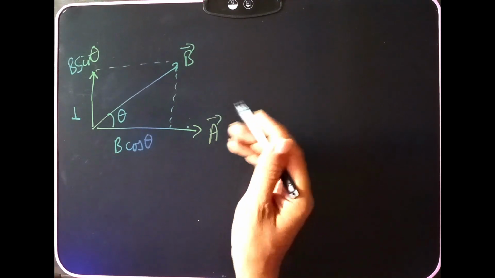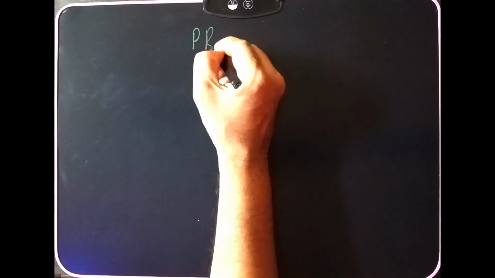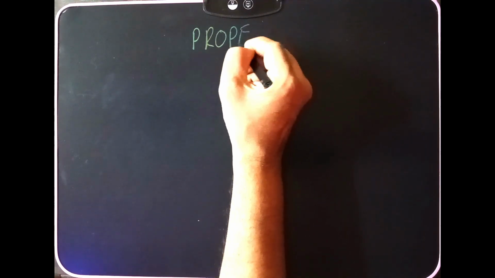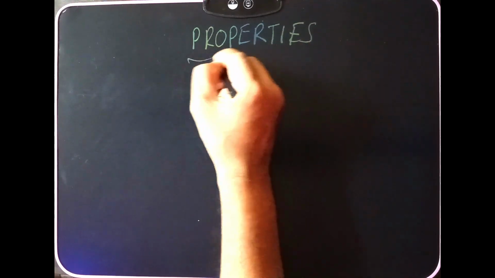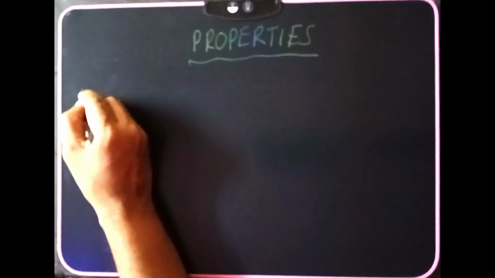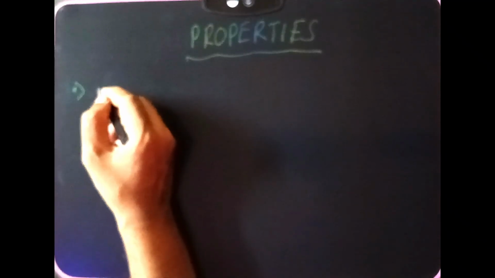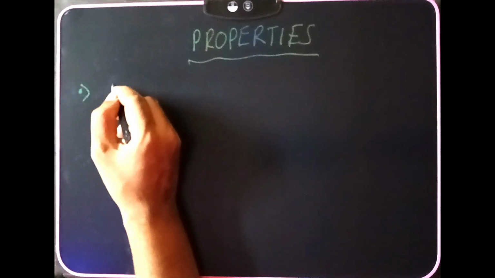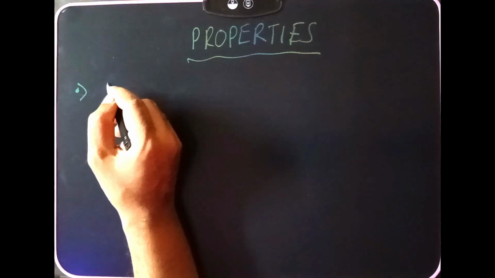So let us see some properties. Properties of vector product. The first property: the vector product of two vectors is another vector which is perpendicular to the plane, and this we have already studied as a definition.